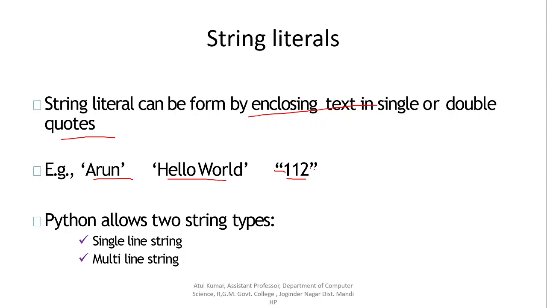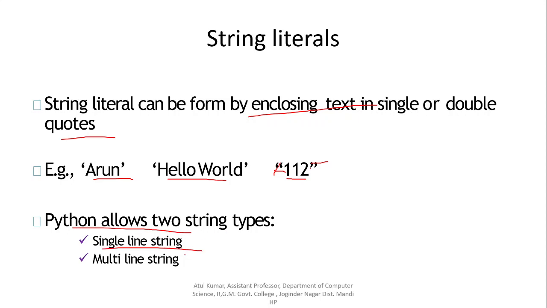So any literal enclosed in single or double quotes is treated as a string literal, not as a numeric literal. If we remove these two double quotes, it becomes a numeric literal, otherwise it is a string literal.